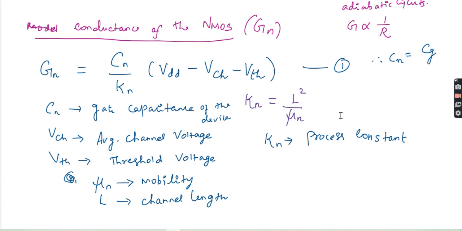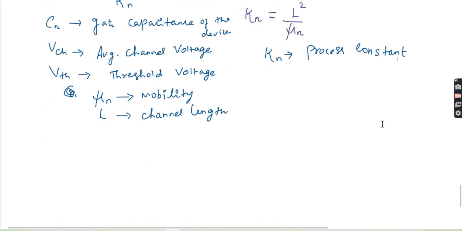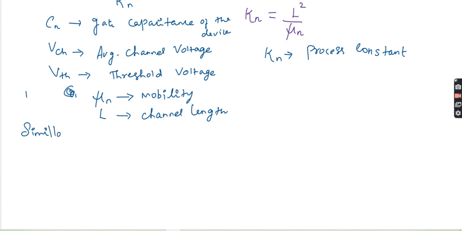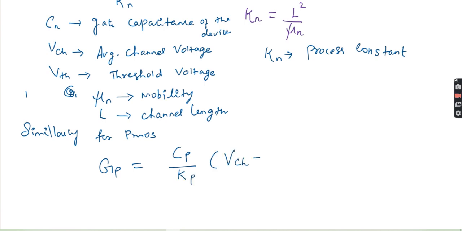Now similarly we have to write for PMOS. The conductance for PMOS will be Gp is equal to Cp by Kp into VCH minus VTH.